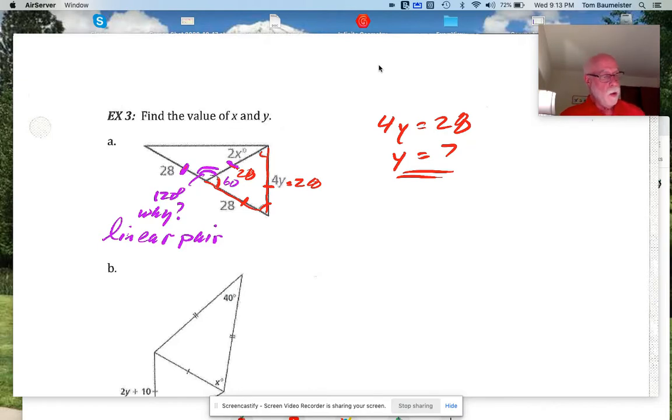So we know that this is an isosceles triangle, right? So if this is an isosceles triangle, we know that this angle here and this angle here are the base angles for this triangle right here.